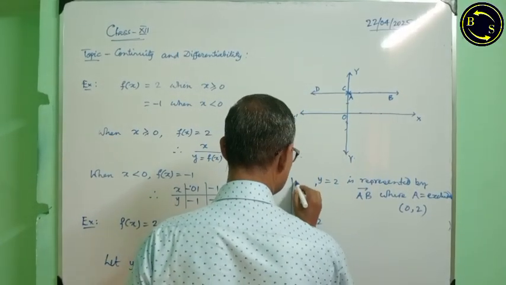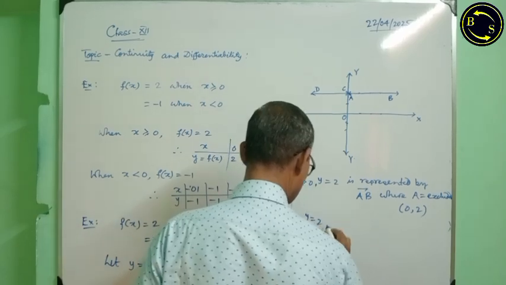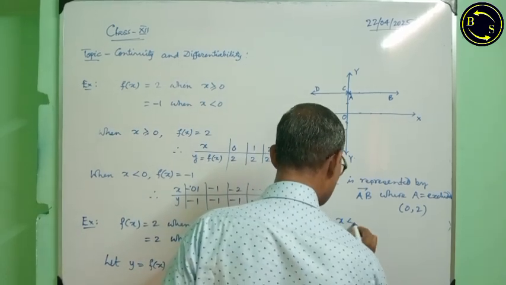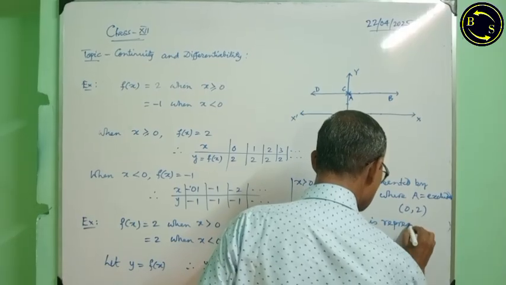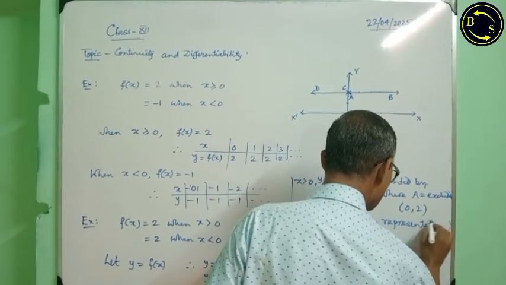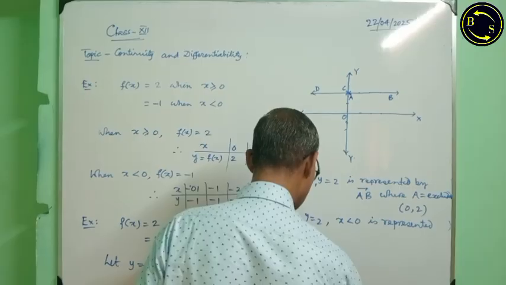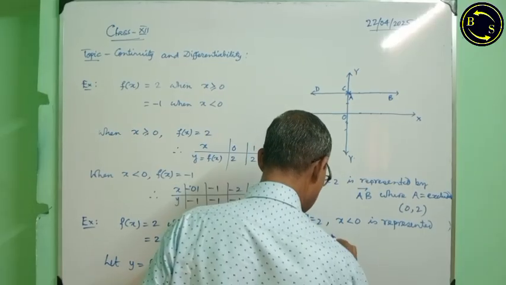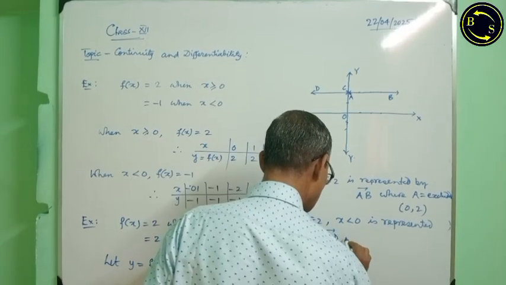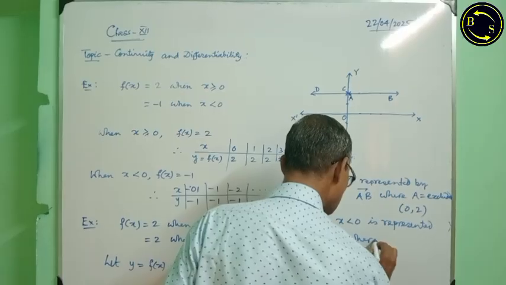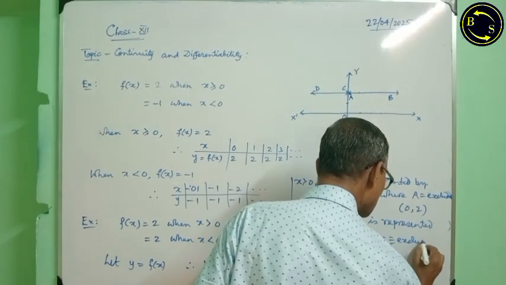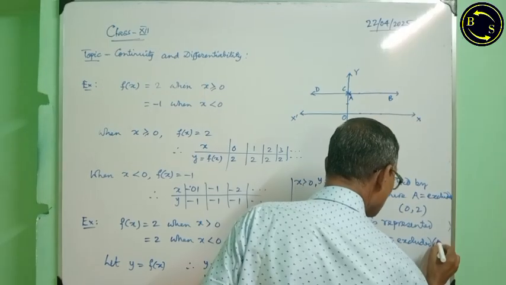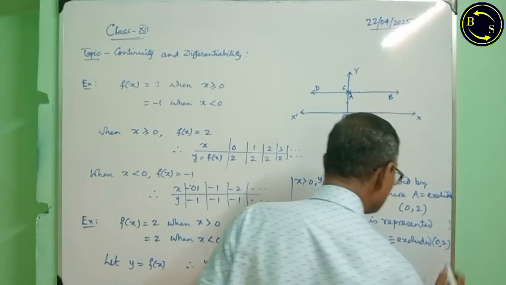I mention here, for the other part, y equal to 2 is represented by CD ray, where C is excluded, 0.